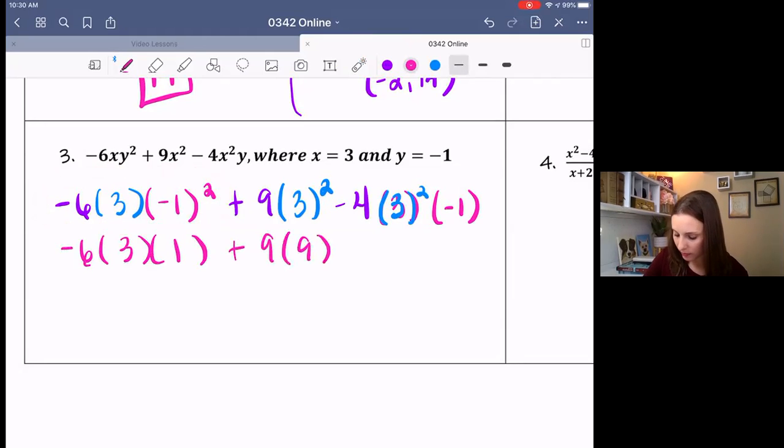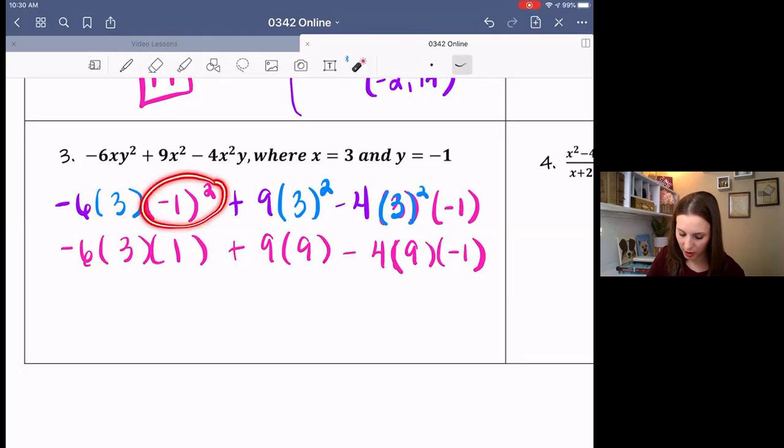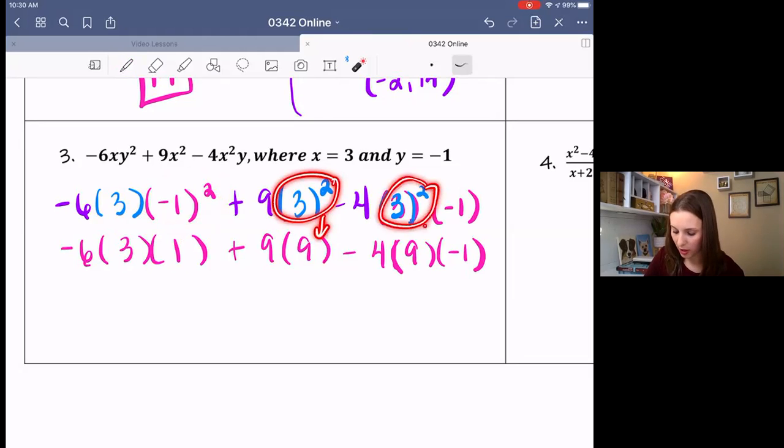This is 9. So I actually went through and I did all the exponents in one step. If you want to do one at a time and work your way down, that's totally fine. Remember, this means -1 times -1, 3 times 3, 3 times 3.